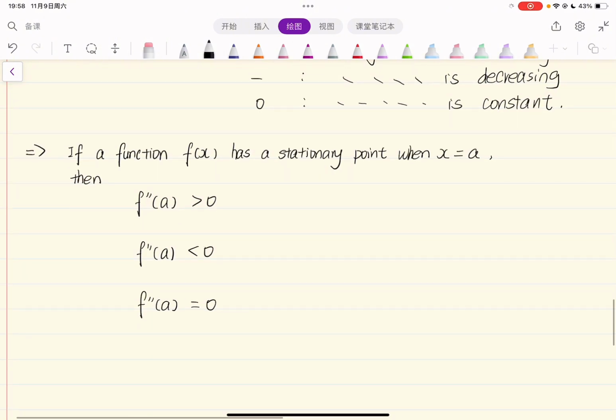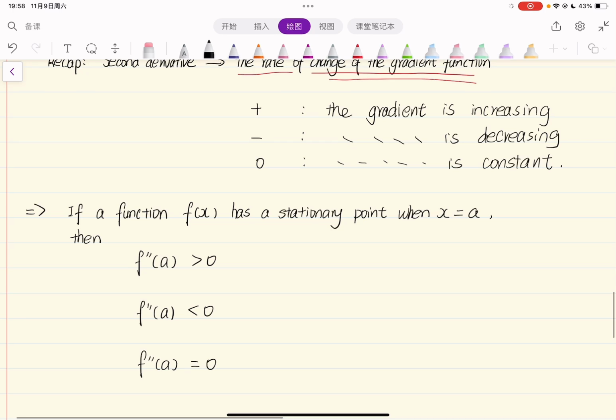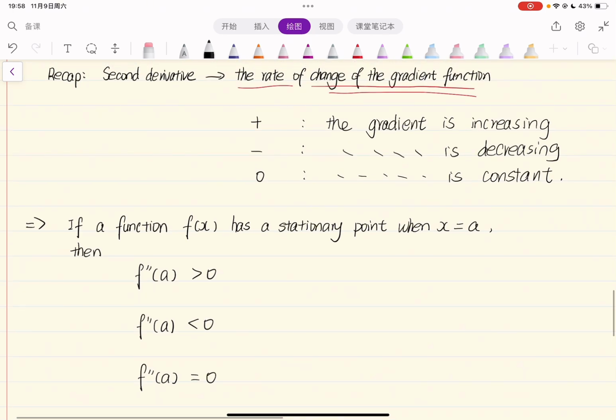Now, if a function f(x) has a stationary point when x equals 0, then when the second derivative at this point is greater than 0, the gradient starts to increase, which means this point is a local minimum.